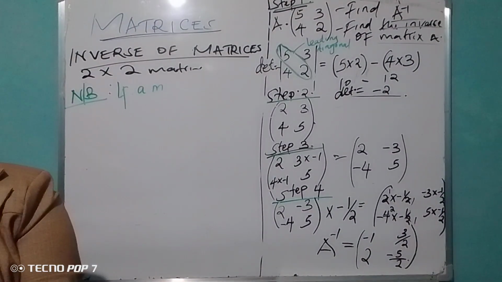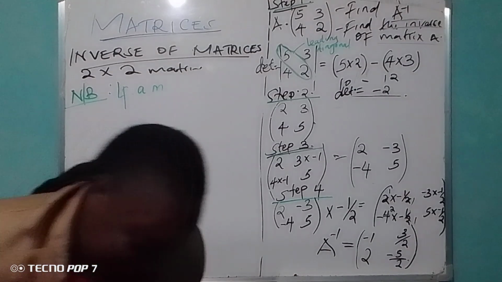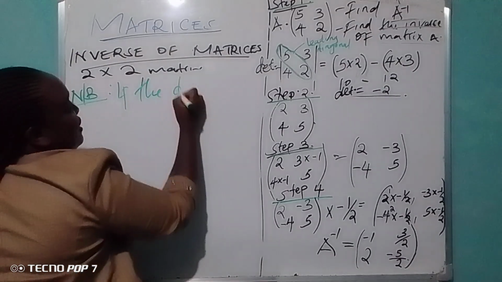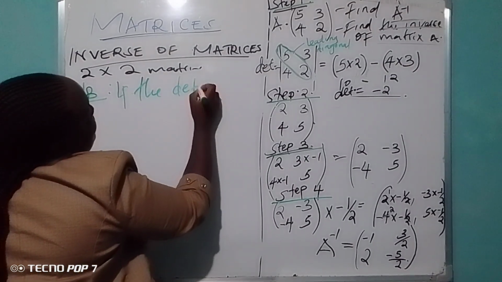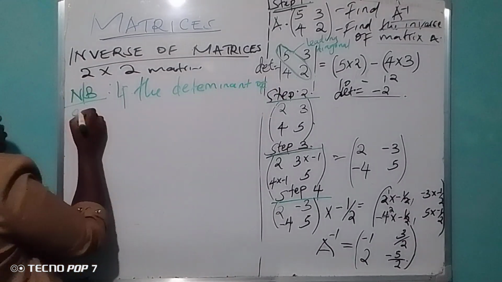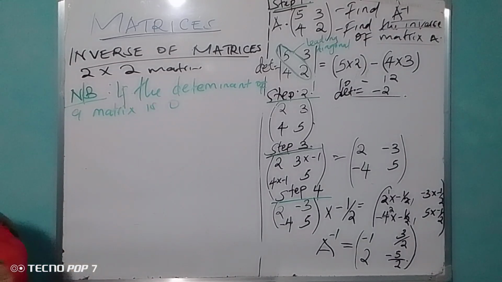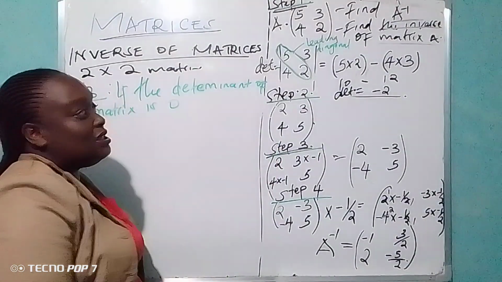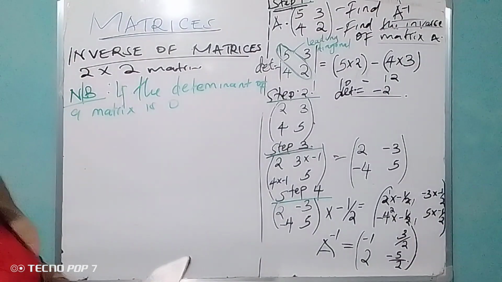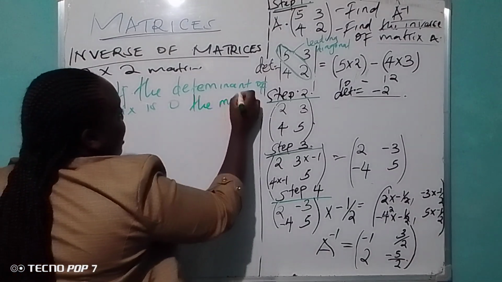If the determinant of a matrix is 0, umefind the leading diagonal, the elements of the leading diagonal minus elements of the other diagonal, umepata 0, then the matrix has no inverse.